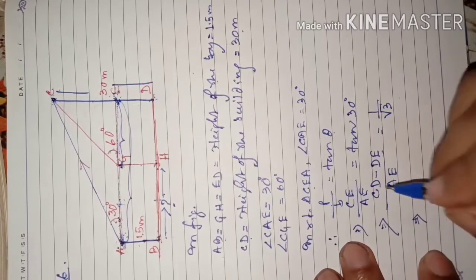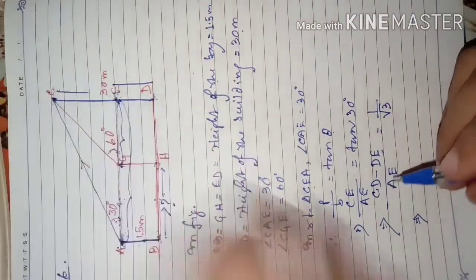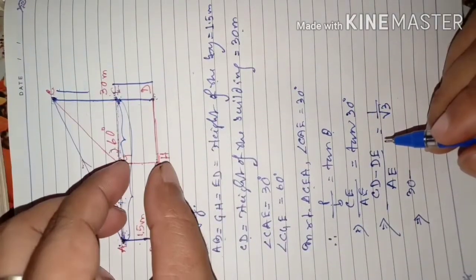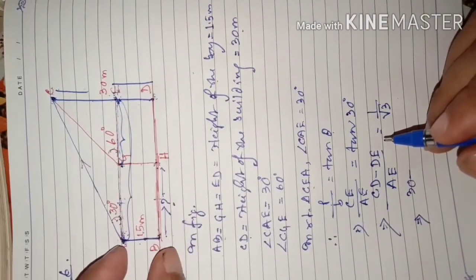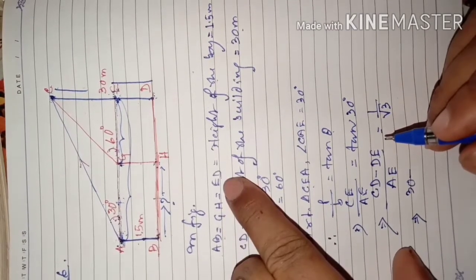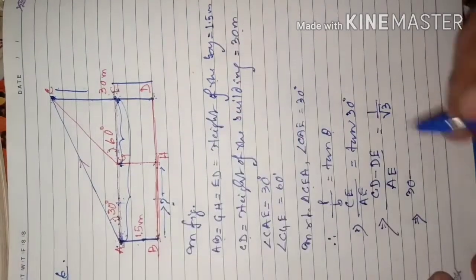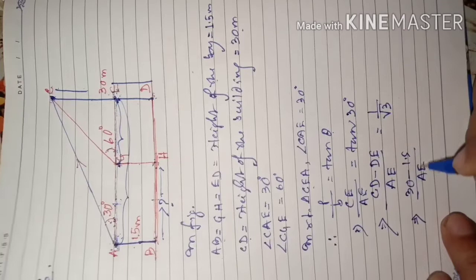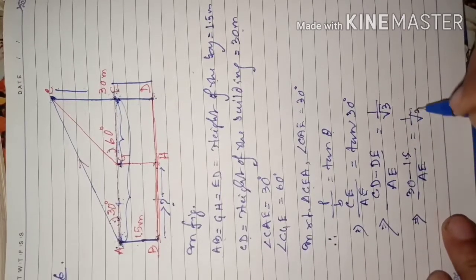CD, its value is how much? CD is 30, right here 30. Minus DE. DE is equal to GH, GH equal to AB. AB is 1.5. That is what I have written here. AB, GH, ED all are equal to 1.5. So here you will write 1.5 divided by AE, is equal to 1 by root 3.